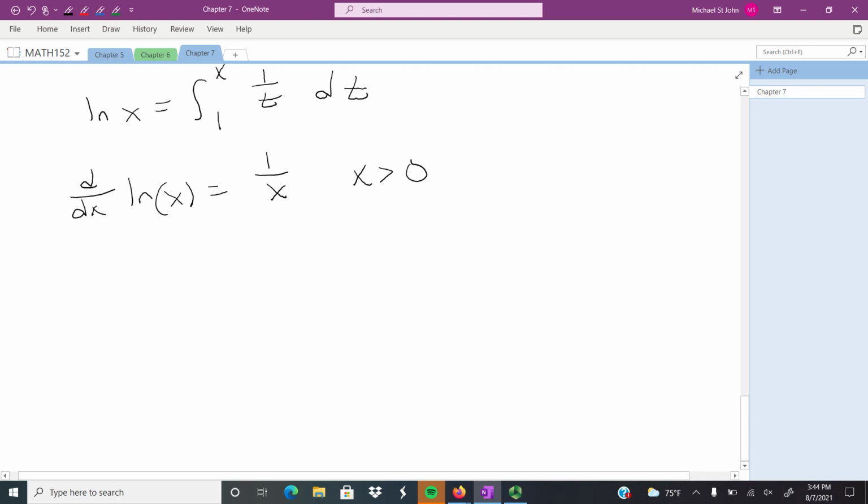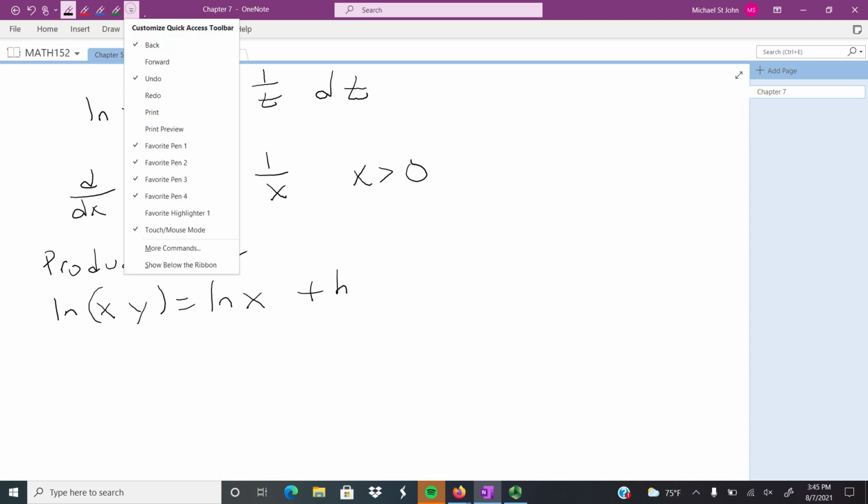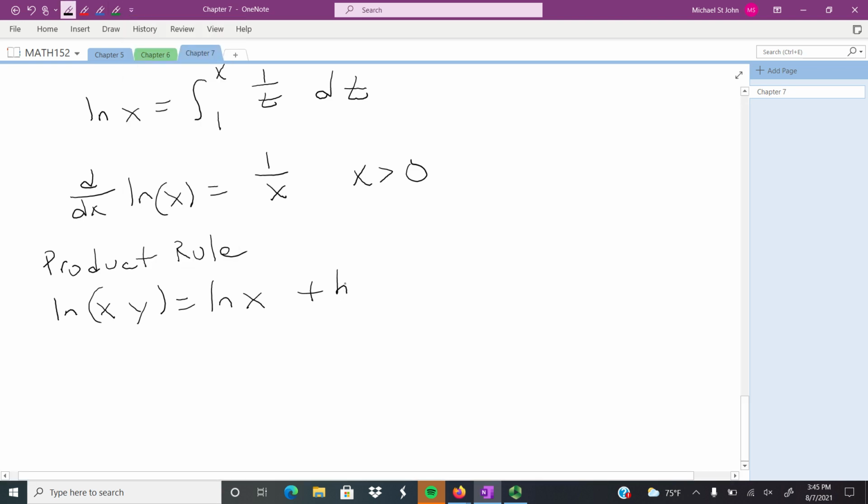Other things you've probably seen before in terms of logarithms are these various rules. You had the product rule, which was the natural log of x times y is equal to the natural log of x plus the natural log of y.